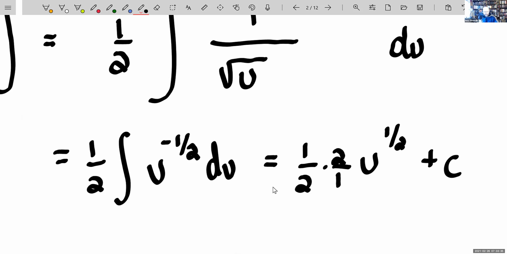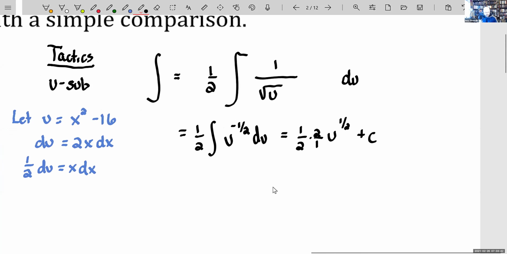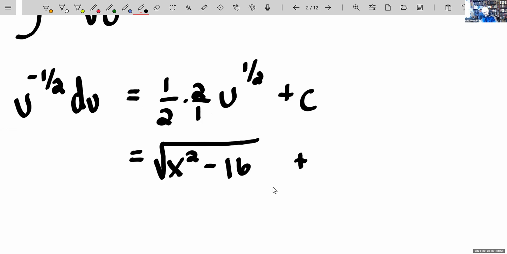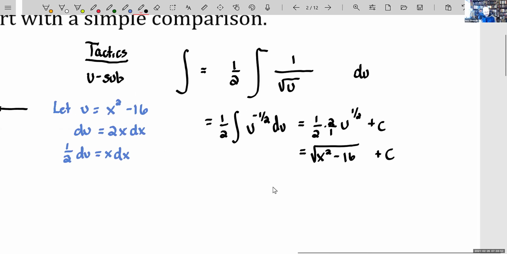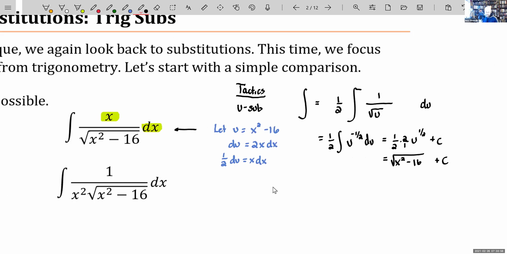Don't forget the plus c, and don't forget you're going to trade this out for the world of x's. So u was x squared minus 16, so this is going to be the square root of x squared minus 16, and then plus c. That's the antiderivative of x over the square root of x squared minus 16.